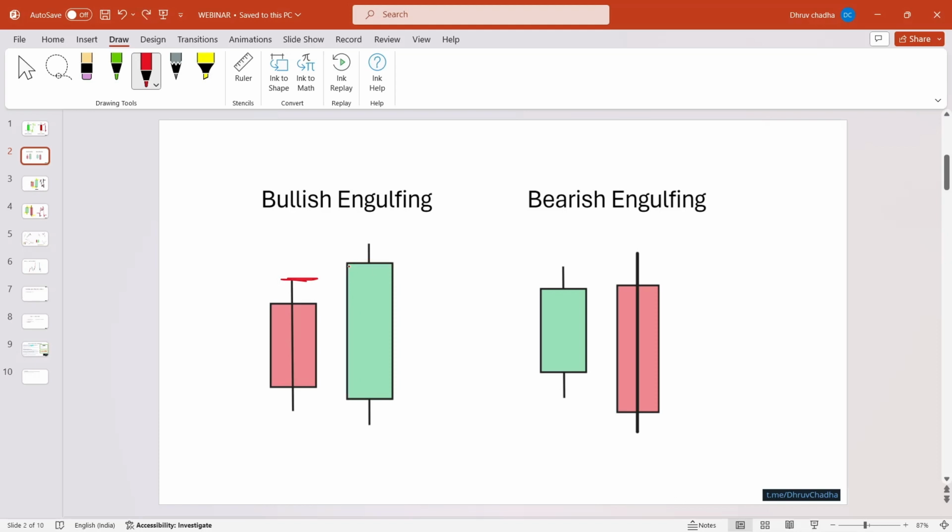Make sure to keep in mind that we need a closer above the previous bearish candlestick high. We don't consider a wick as a closer. Okay, we need a body closer to consider that this is a bullish engulfing.